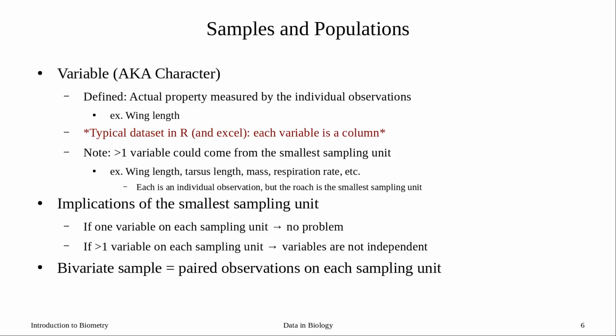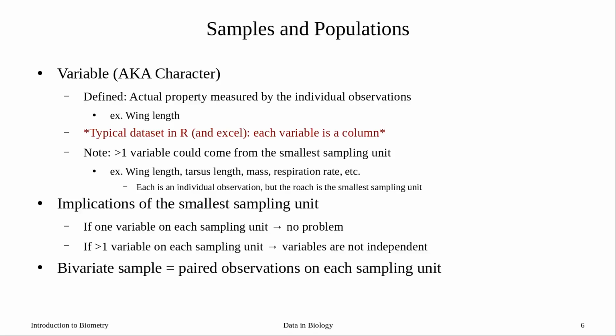All right. So our variable could be measurement, or it could be some attribute. When we work with a variable, our rule of thumb when creating data sets is that each column in our data set represents a single variable.